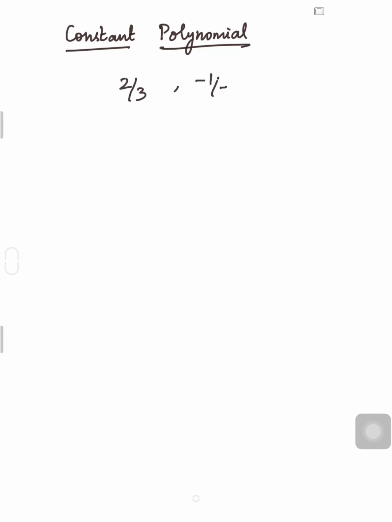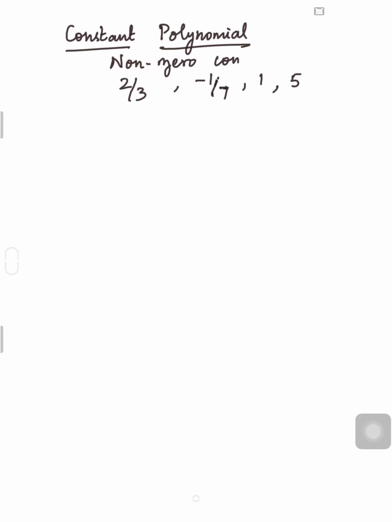Now you need to know what is a constant polynomial. The constants without any variables are called constant polynomials. For example, 2 by 3 is a constant polynomial, minus 1 by 7 is a constant polynomial, 1 is a constant polynomial, 5 is a constant polynomial, and these are only constants and it should be a non-zero constant value.